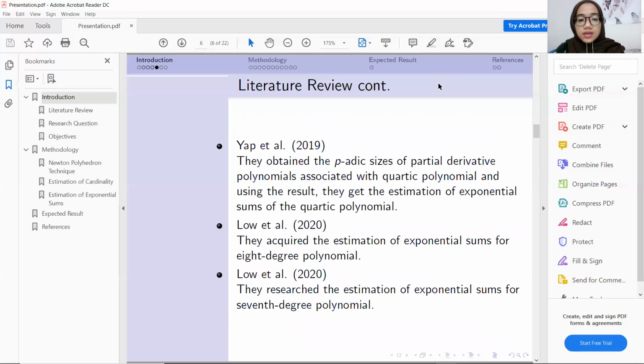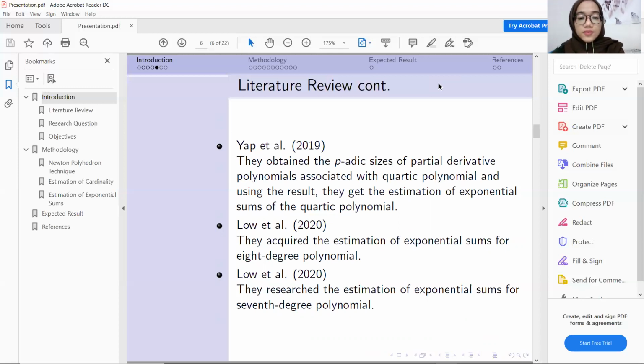Then, at al. 2019, they obtained the p-adic size of partial derivative polynomials associated with a quartic polynomial, and using the result, they got the estimation of exponential sums of the quartic polynomial. And at al. 2020, they acquired the estimation of exponential sums for an 8-degree polynomial, and they researched the estimation of exponential sums for a 7-degree polynomial.